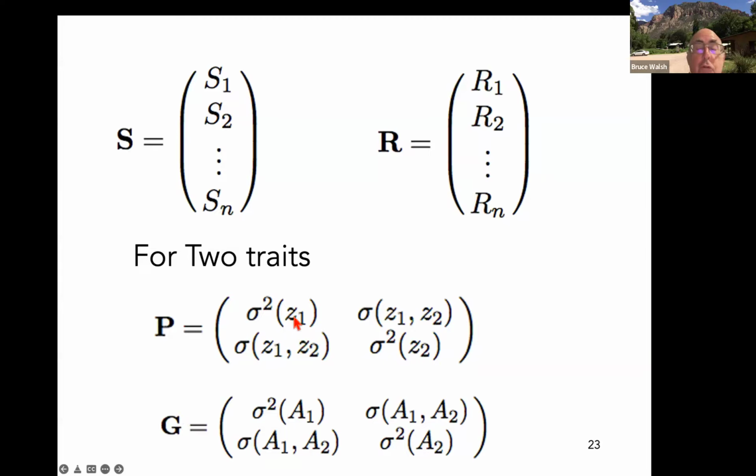So for example, with two traits, here's the phenotypic variance covariance matrix, phenotypic variance of trait 1, phenotypic variance of trait 2, covariation between 1 and 2. The genetic variance of trait 1, genetic variance of trait 2, genetic covariance between trait 1 and trait 2.